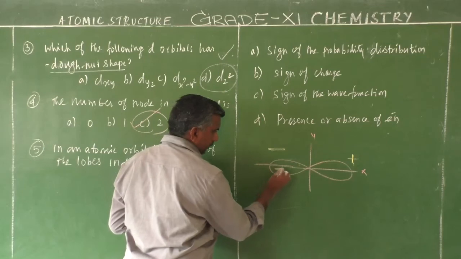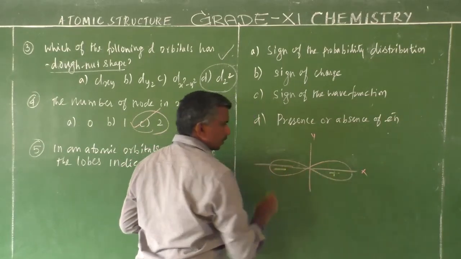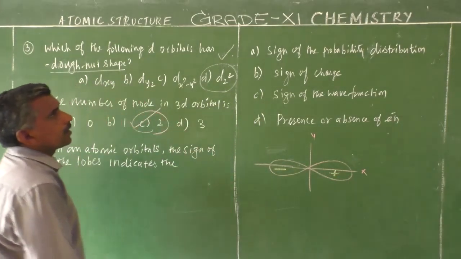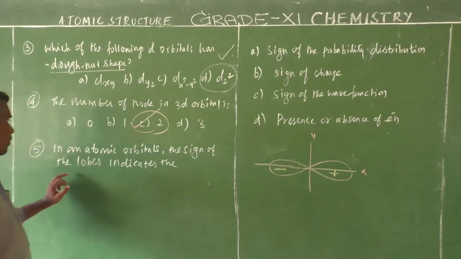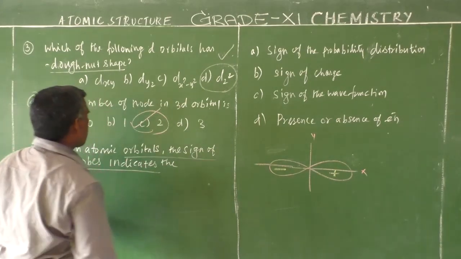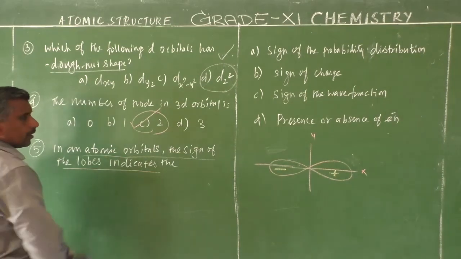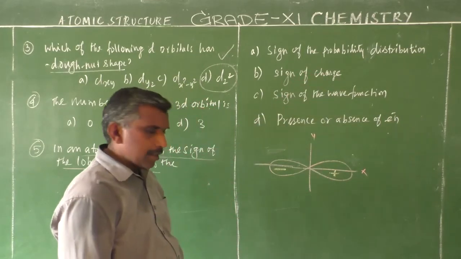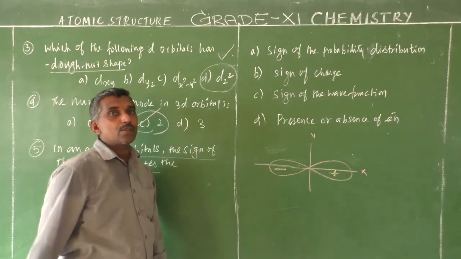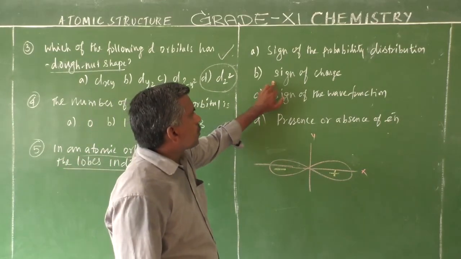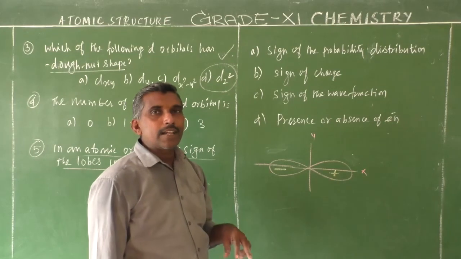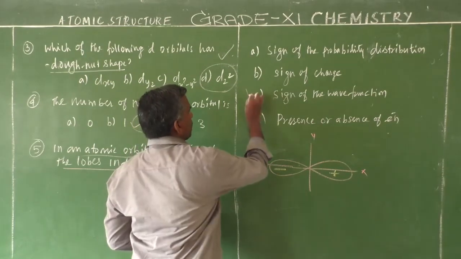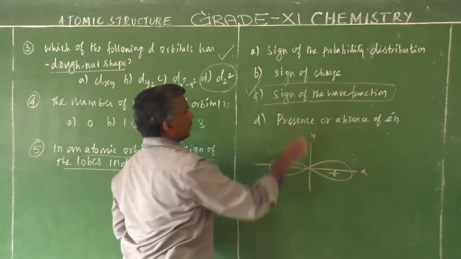The sign indicates the sign of the lobes of the atomic orbital. First option, sign of the probability distribution. Probability distribution is psi square. Sign of the charge: electron charge is negative, positive charge is not applicable. Sign of the wave function is applicable. This is the correct answer.